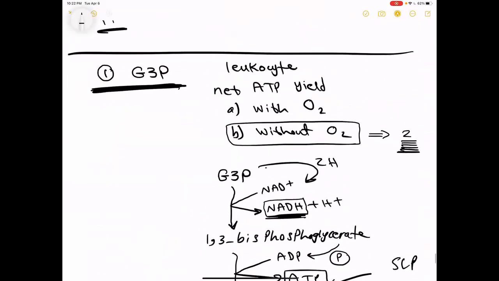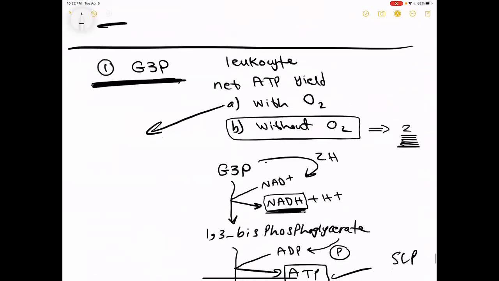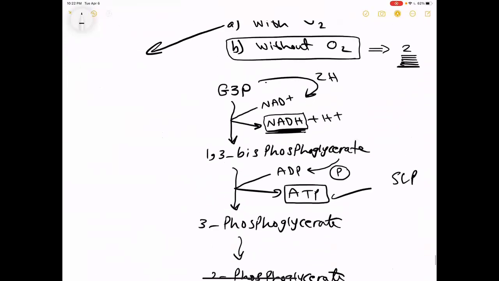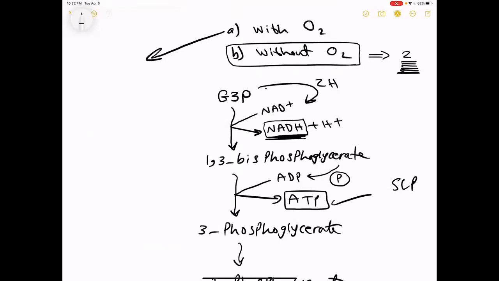So I need a new number for this because I never came up with a number with oxygen. What is the number? Add up. Sorry, let's start from the beginning. From here, the glyceraldehyde 3-phosphate right there. That's my start. Am I going to cash this one? I said, why not? Is this cytoplasmic or mitochondrial? That's cytoplasmic. We are in the cytoplasm. That's glycolysis. What kind of cell is it?